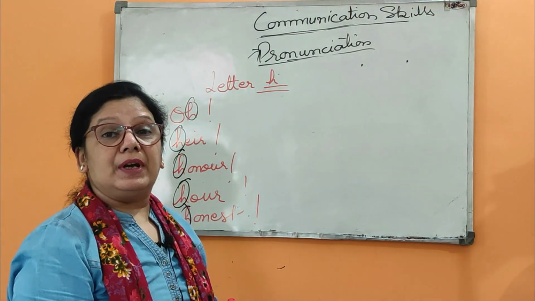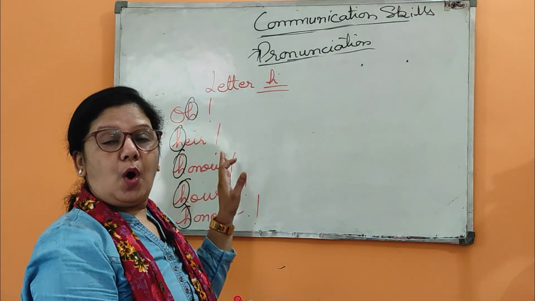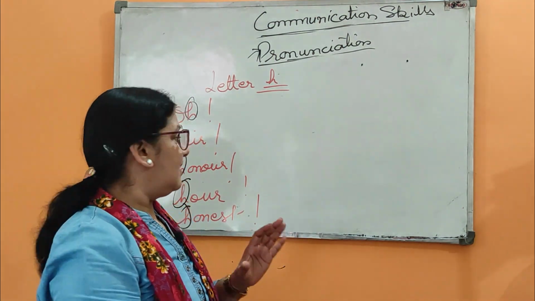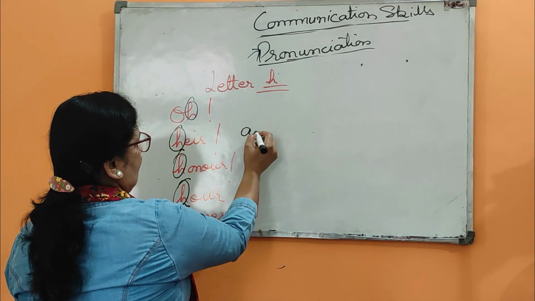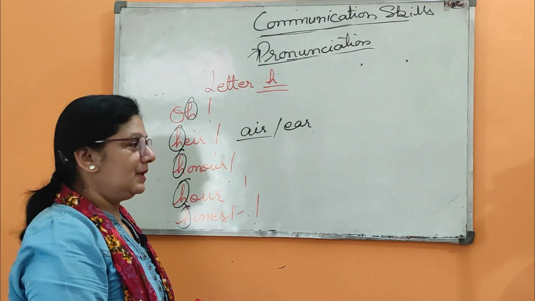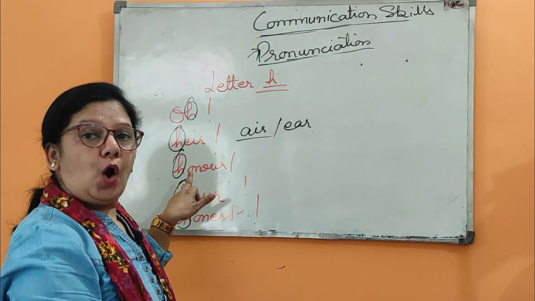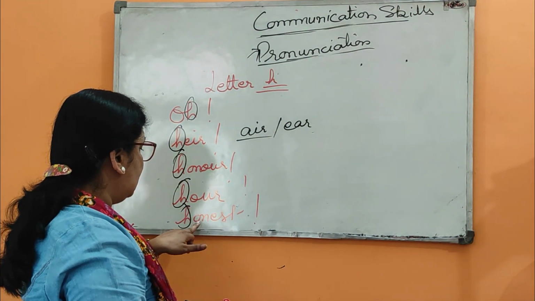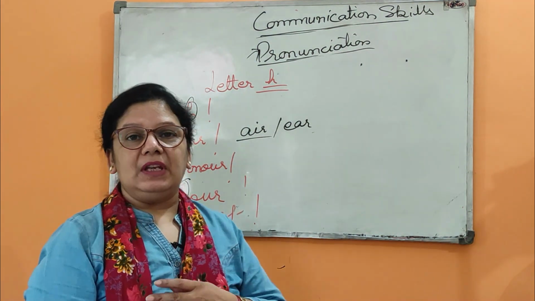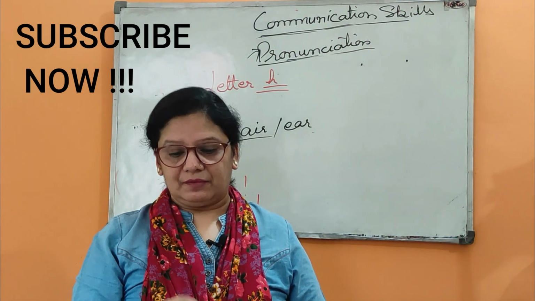We do not pronounce this letter H. We are not supposed to say hour with an H sound. Hour, the same like our. You can use it like this. This is for reference only, for pronunciation. Then honor, not with an H sound. Then our, then honest. Everywhere H remained silent. So we are not supposed to use the sound of H in these words.